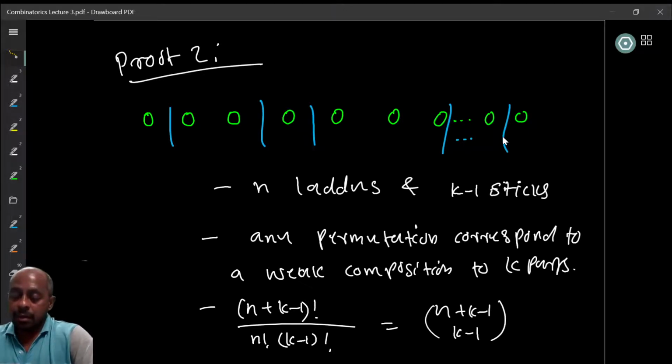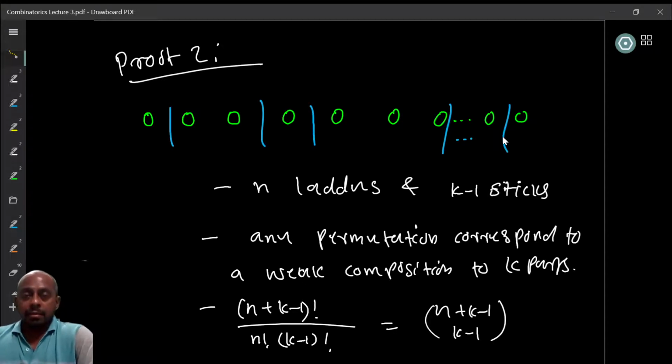Now the sticks, once they are kept, decide the composition or the distribution of the laddus, because the first child can take all the laddus till the first stick. If the first stick is in the beginning, then that child does not get anything, right? So x1 can be 0, right?